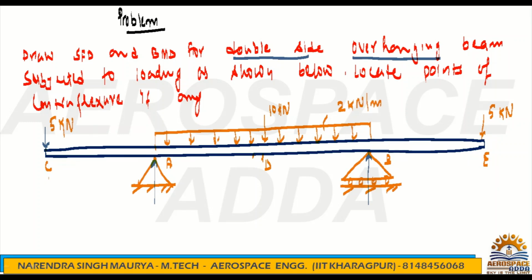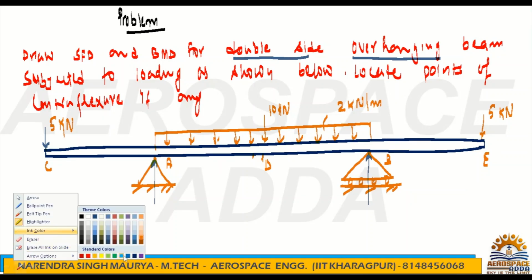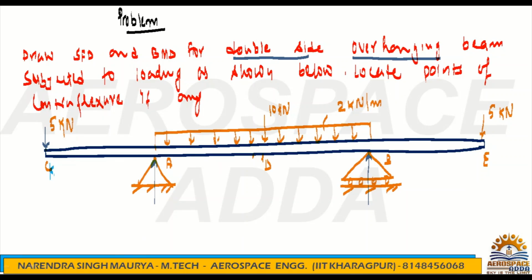Now we'll write the dimensions from here. This is 2 meter, this is 3 meter, 3 meter, and 2 meter. This is the complete beam.